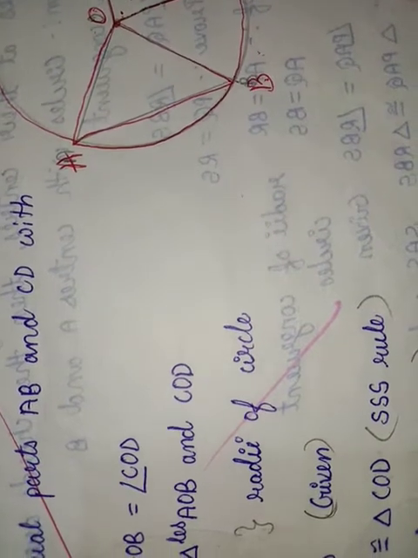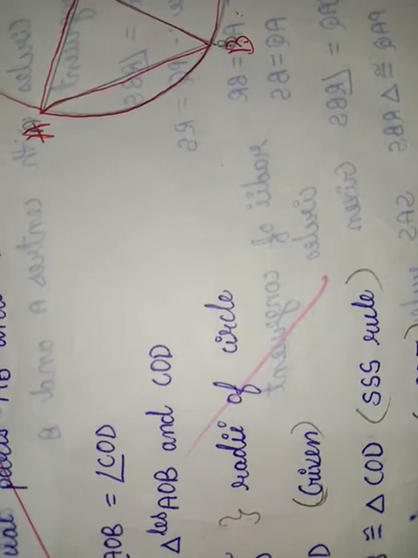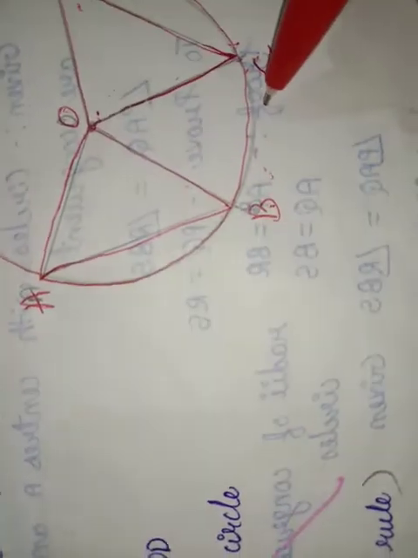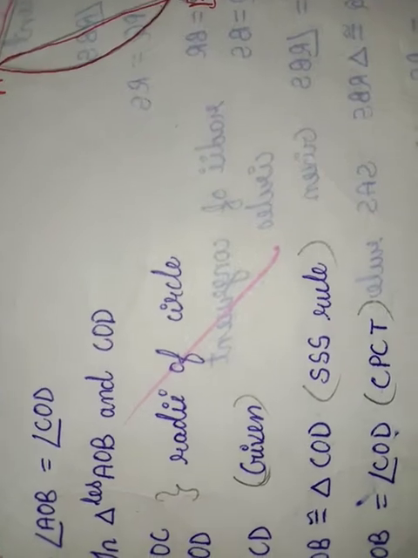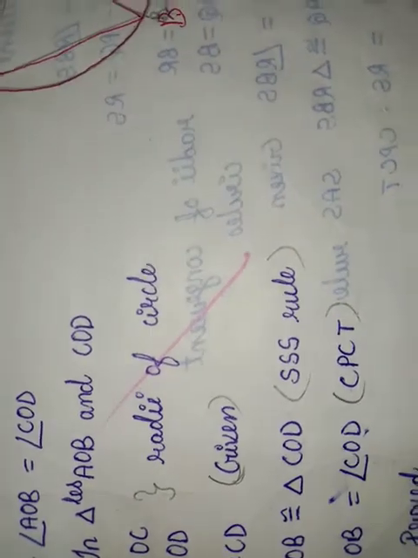So the three sides are equal. Therefore triangle AOB is congruent to triangle COD by the SSS rule. Now angle AOB is equal to angle COD by CPCT, hence proved.